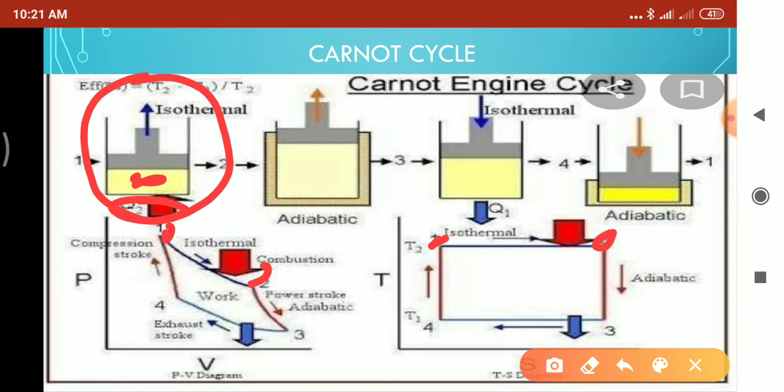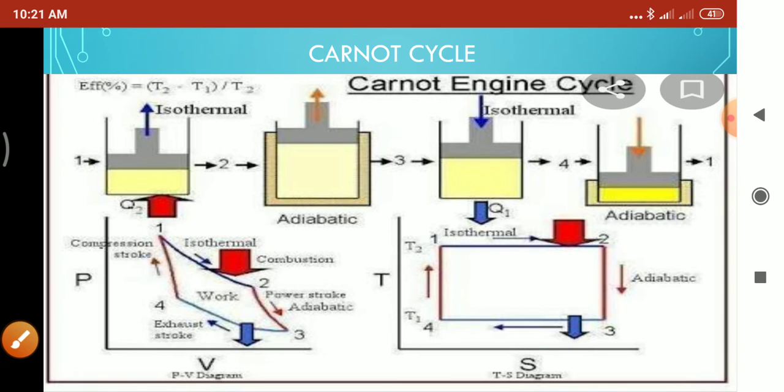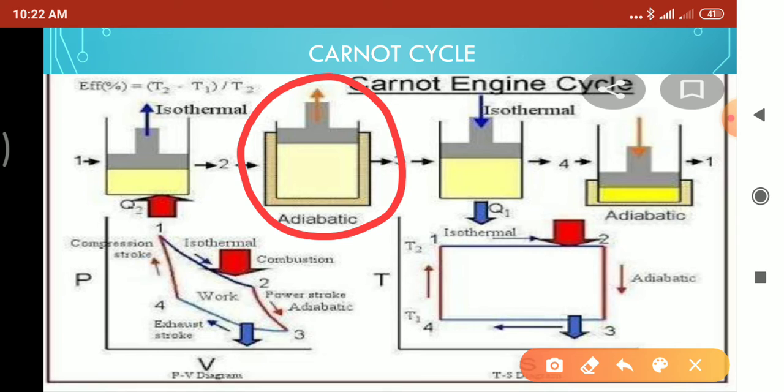Process number 1. Then second, adiabatic expansion. See here, same cylinder. This is second process, adiabatic expansion. In this, just remove the hot body and bring the insulating cap. Just contact the bottom of this cylinder with the help of the insulating cap, which is just like an insulator, and the piston moves from TDC to BDC due to what?